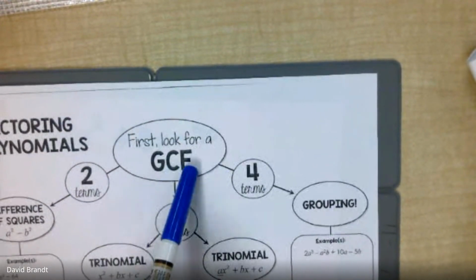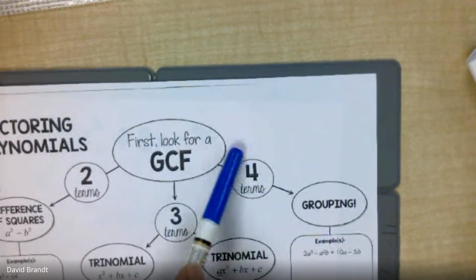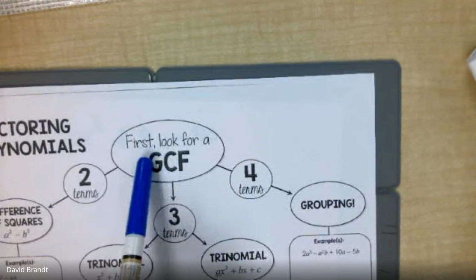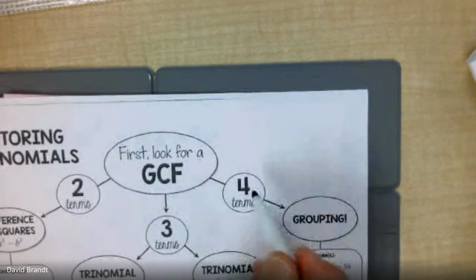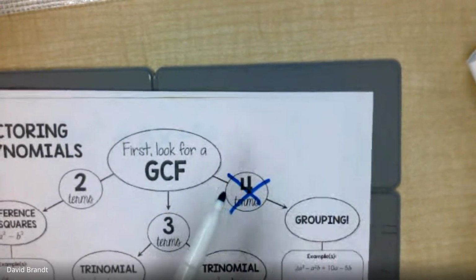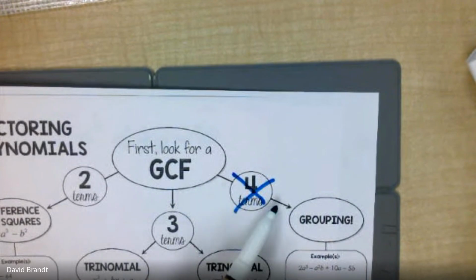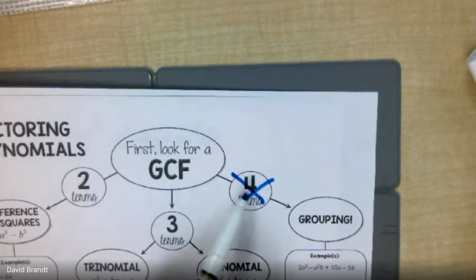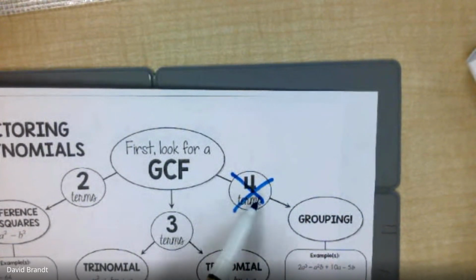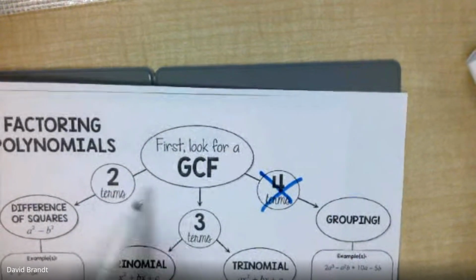Then you may not even have one. But after you figure out if you have a greatest common factor, you will go off of this depending on how many terms you have. Now, we didn't cover 4 terms, so we won't even go in this direction. I hope that's not on the SOL. I may show you that maybe later, but we're not going to go in that direction yet. We're only going to do 2 terms and 3 terms.